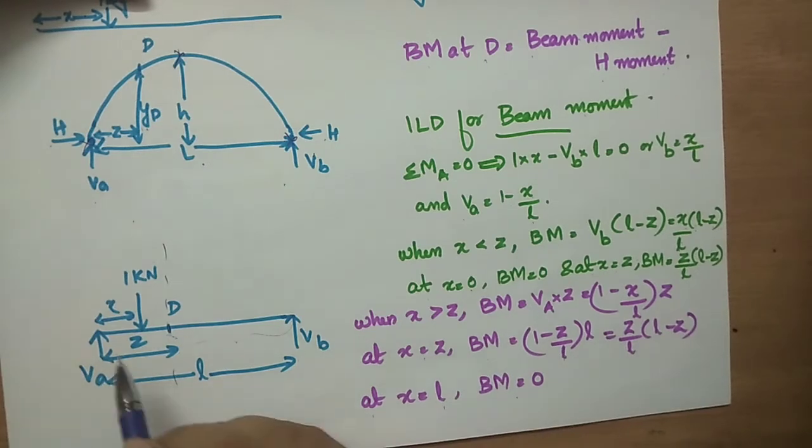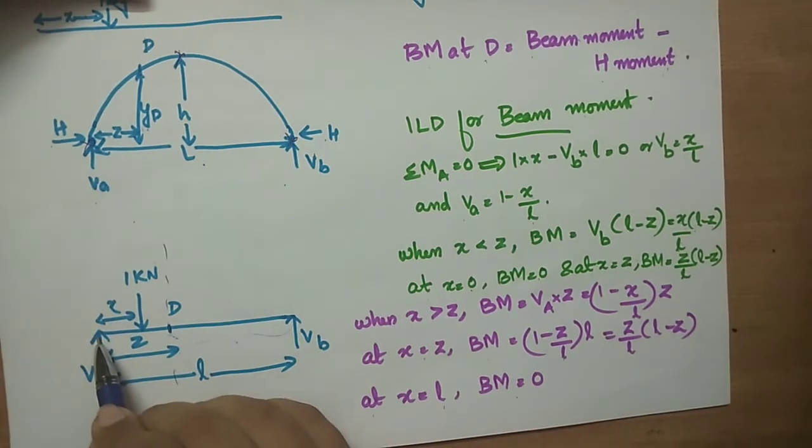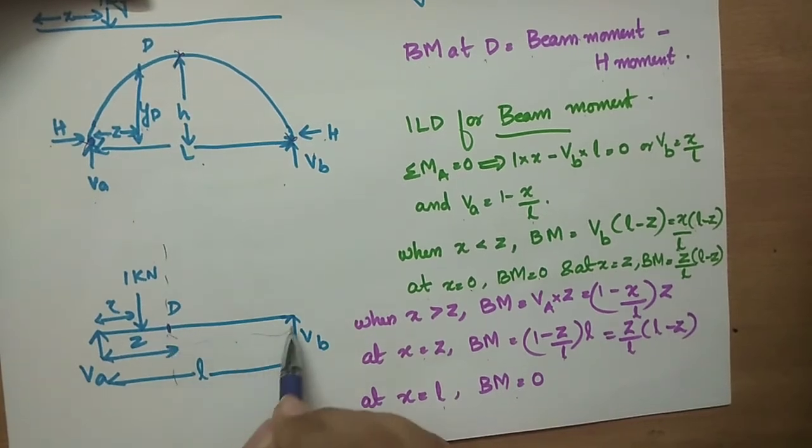Okay, so we got the values of bending moment at X is equal to 0, X is equal to Z, and at X is equal to L.